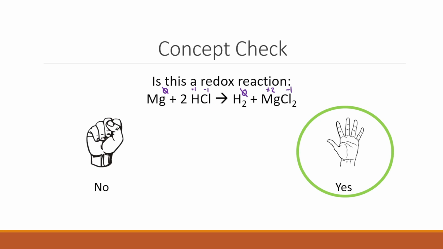You don't need to know what the oxidation states are in this case, right? No one's asking you to find the oxidation states. But you know a pure element is a 0, and you know that an element in a compound is not 0. That means that one of these things changed oxidation states. That means this is a redox reaction.